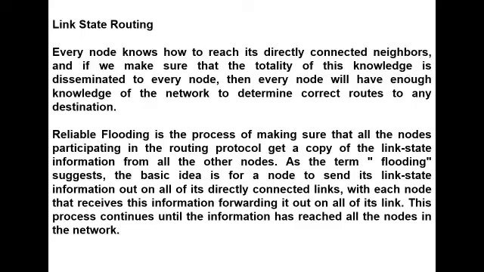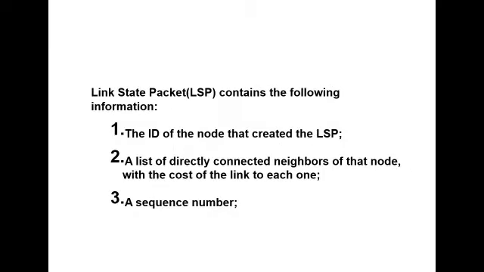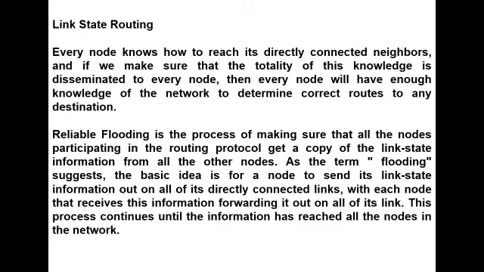For this purpose, if we want to share our neighbors' information with all the routers, then obviously a packet is created, and the concept is known as reliable flooding. Every router does the same, so suddenly many packets are on the links. So it's a kind of flooding state.